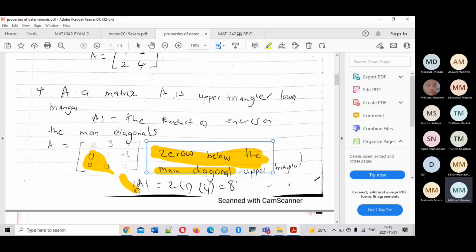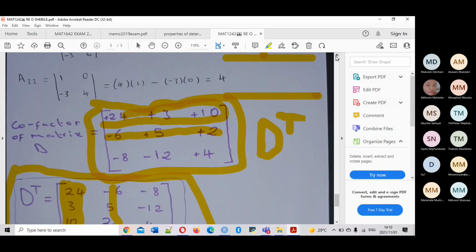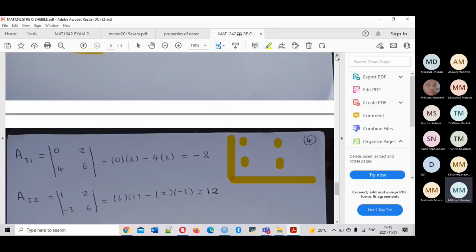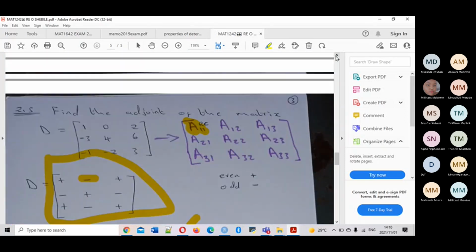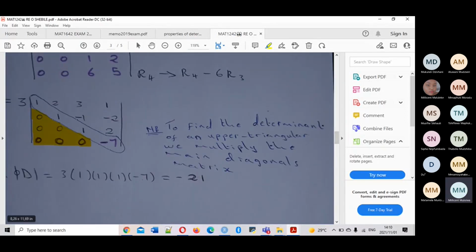Then for its determinant, we multiply the main diagonal. That's what we have used in the previous question. So are we fine with that?